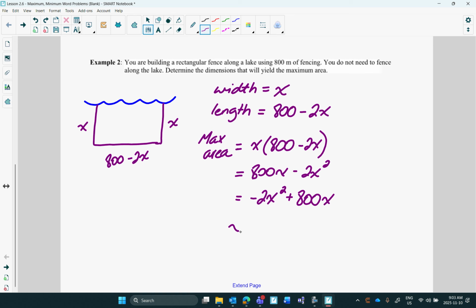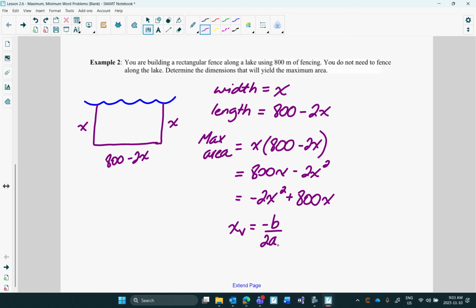So now I'm ready to use my formula, because what do I want to find? I want to find the width at the maximum. Because if I find the width at the maximum, I can find the area by plugging the width into here.